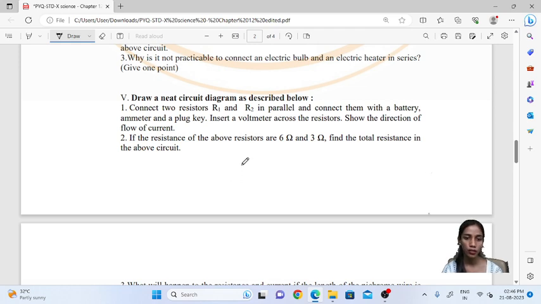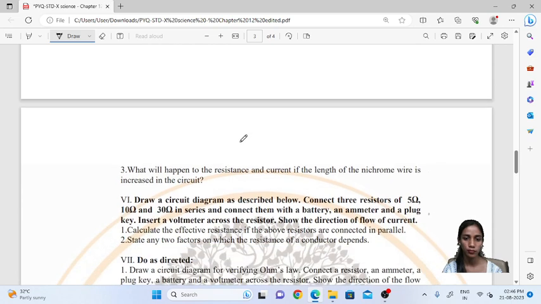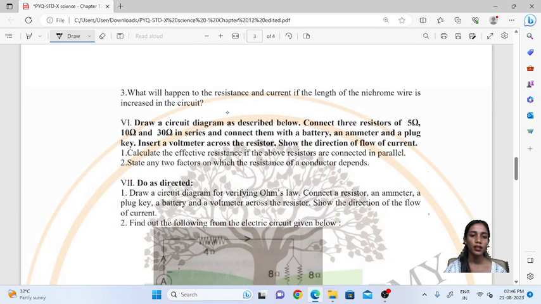Again the same thing, then you have to find the resistance. Now pay attention to this question. What will happen to the resistance, that is R, and the current, that is I, if the length of the nichrome wire is increased in the circuit? Which formula do you have to apply over here?